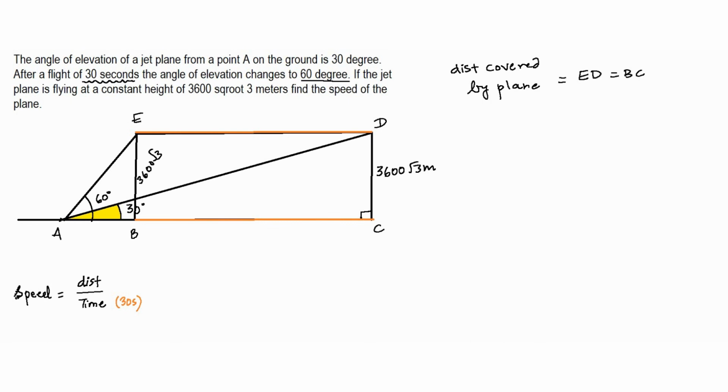So now I need to find the length BC. First, I am going to take the triangle ADC and find the complete length AC.